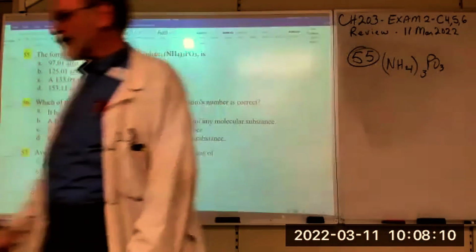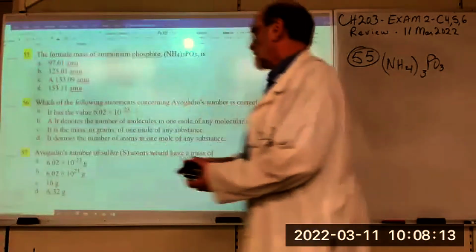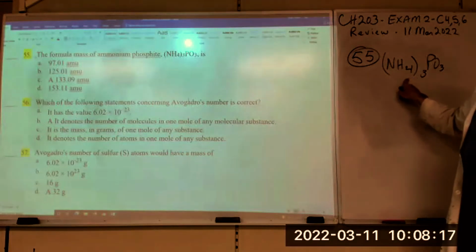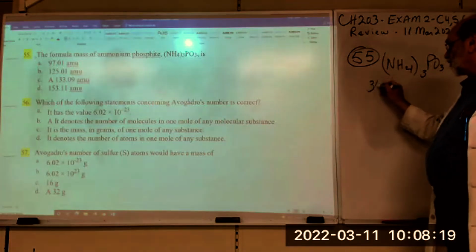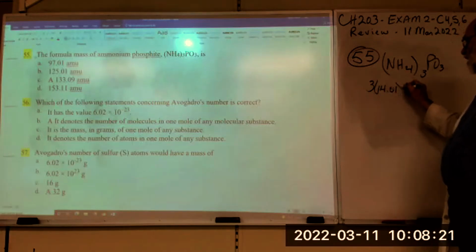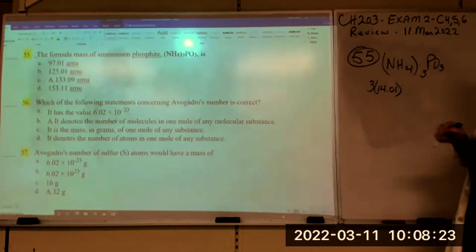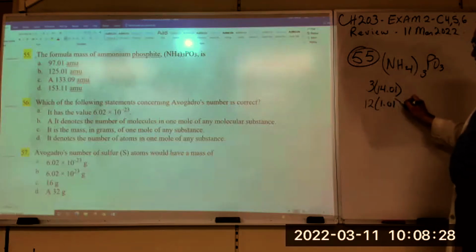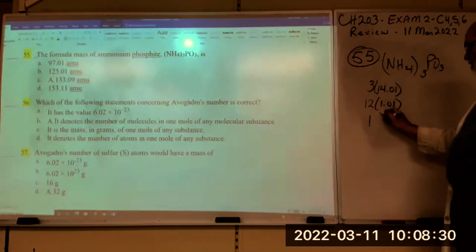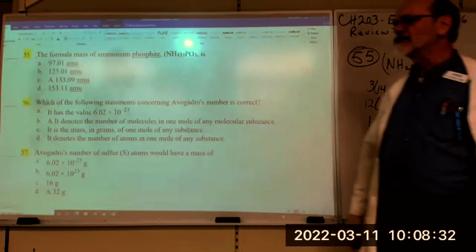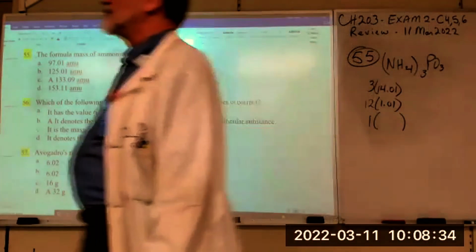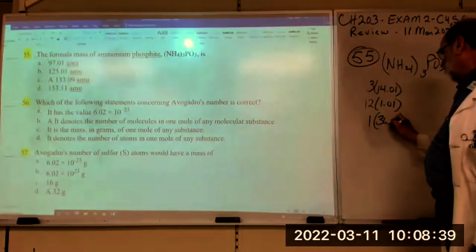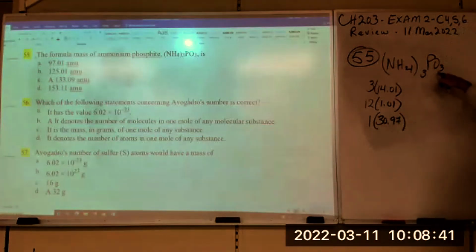Okay, I need my calculator for this one. How many nitrogens do you have? 3. So we need 3 times 14.01 for the nitrogens. And we have 12 hydrogens. We have 1 phosphorus, which is 30.97. And we have 3 oxygens.